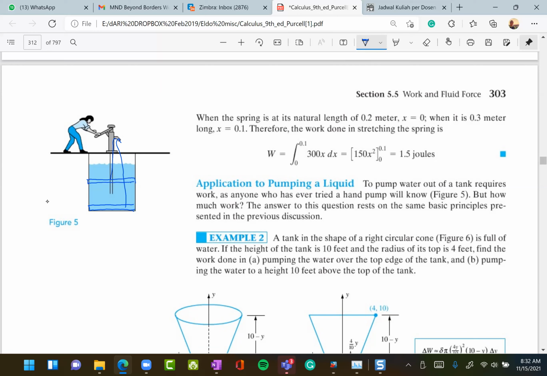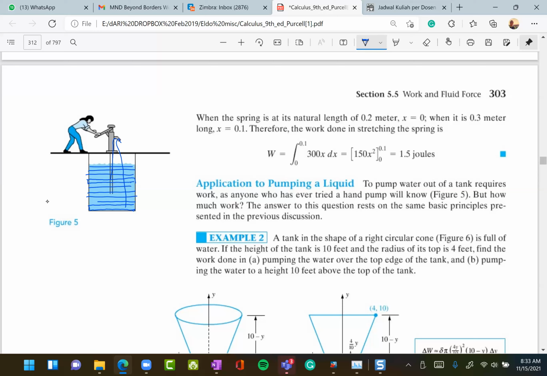So how do you empty the tank here? Just pump it layer by layer, and we compute for each layer the work done by this force. Of course, this force is the gravitational force.